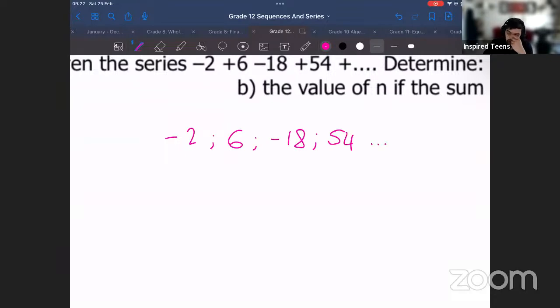Let's try and calculate the difference. From -2 to 6, we're adding 8. To get from 6 to -18, we're subtracting 24. So already it doesn't make sense. How can a difference go from 8 to 24? Let's see, maybe it's quadratic.